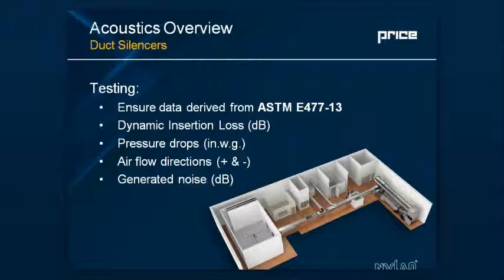Positive would be supply, where the airflow and the noise are going in the same direction, and negative would be where the airflow and the noise are going in opposite directions. Pressure drop, obviously, is going to be very important for this. And finally, generated noise. A lot of times, especially for very low noise level applications, you've got to make sure that the generated noise for a silencer is not above the design criteria.